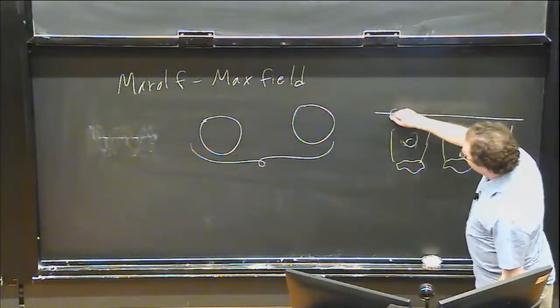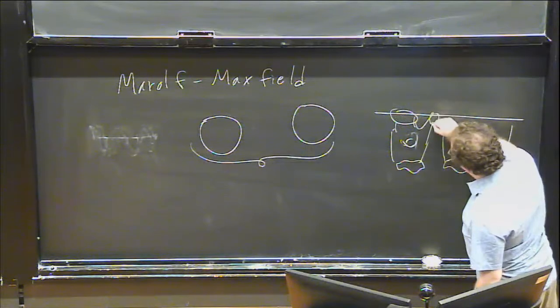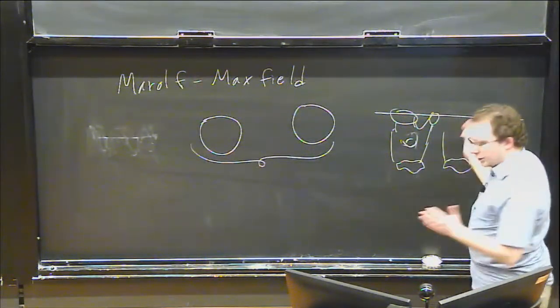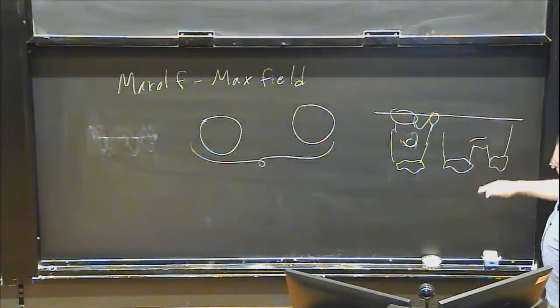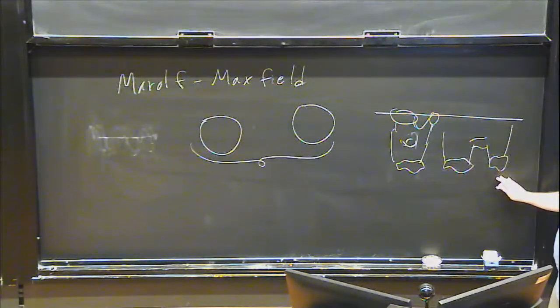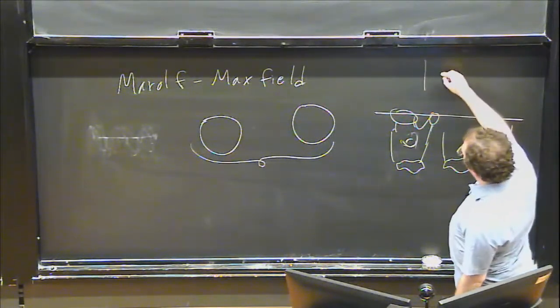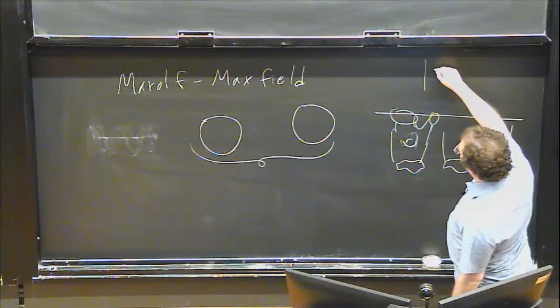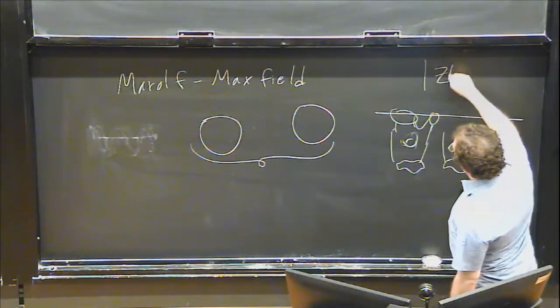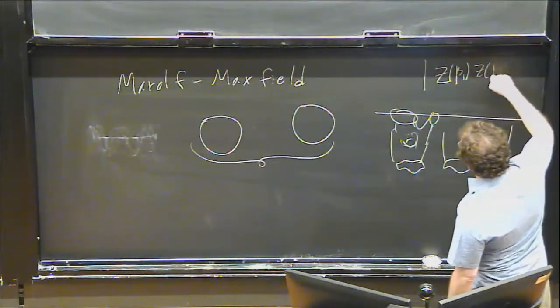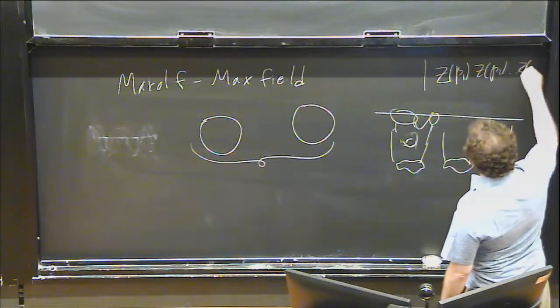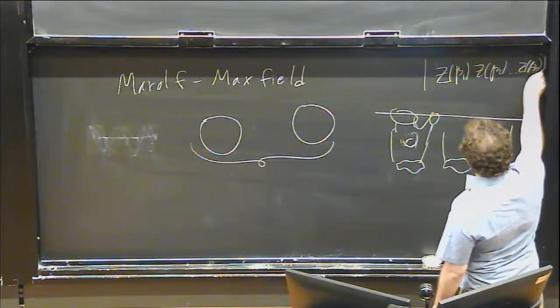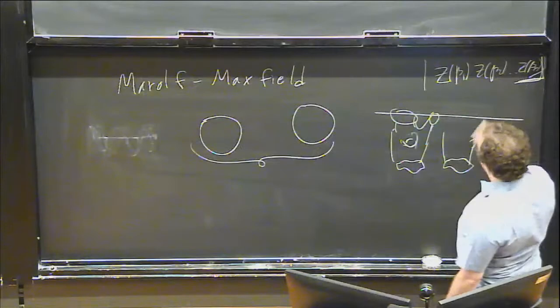This will have some number of circles, some picture. But they label the state by this. They would call this state something like Z of beta 1, Z of beta 2, etc. At this point, this is just a name. That's the name of the state.